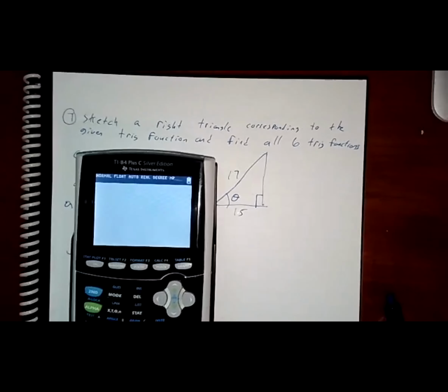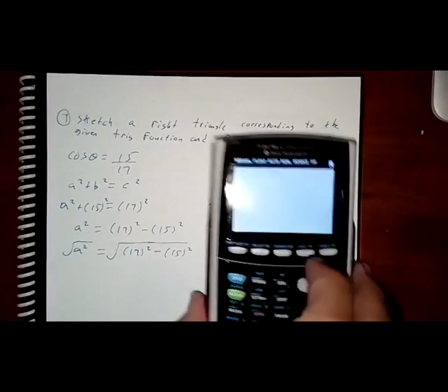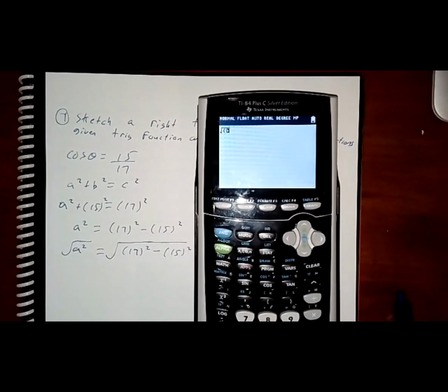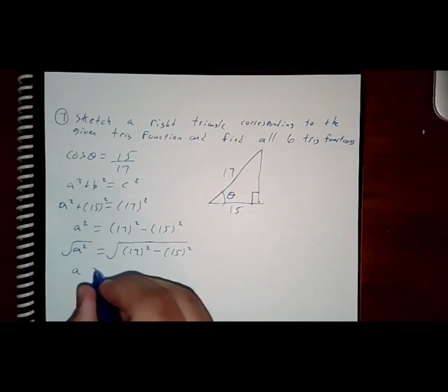Okay. The second square root, let's see here. Just out of pure laziness, I'm going to just punch it in and find out what it is. Looks like 8. So a is equal to 8.